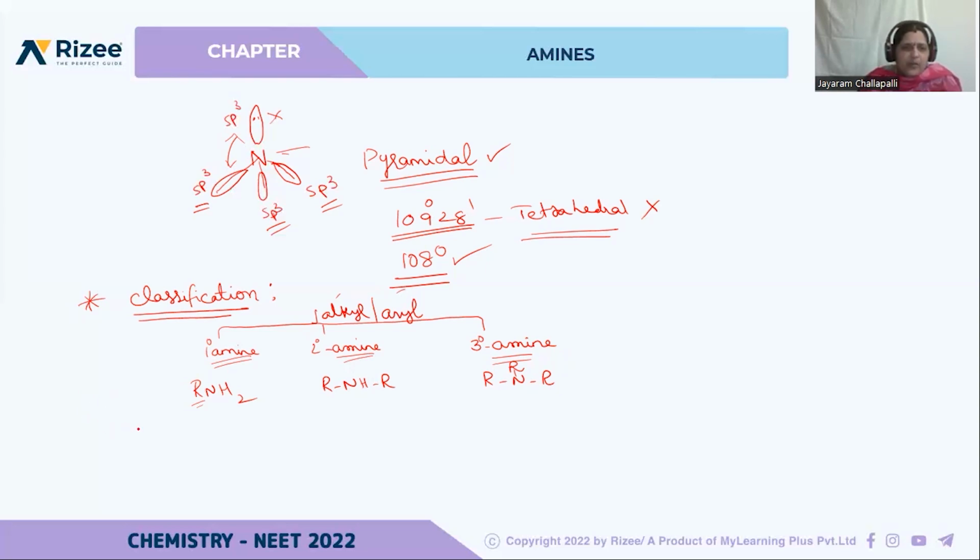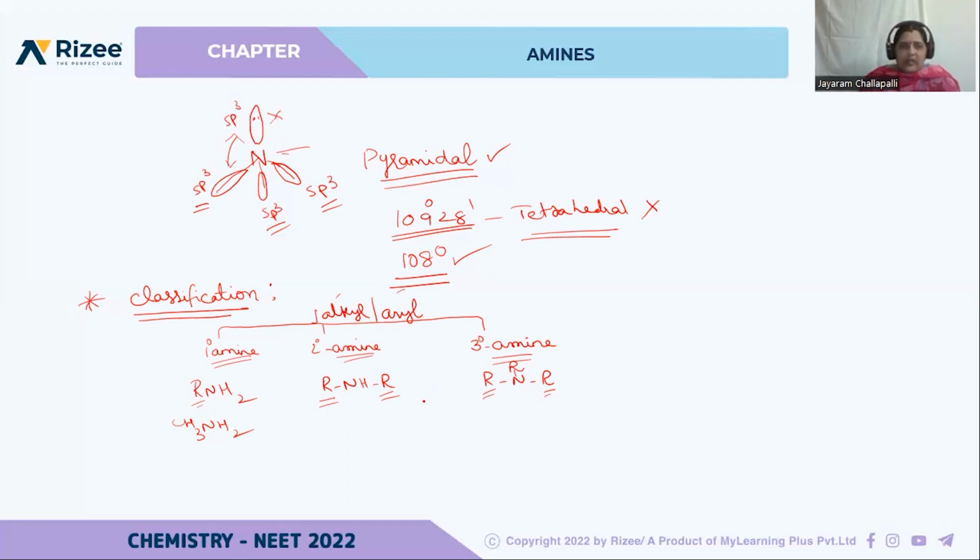So examples we can write simply CH3NH2 or C2H5NH2 for primary amines. For secondary, we can add the same groups, CH3NHCH3 or CH3NHC2H5, which may be equal or may be different.